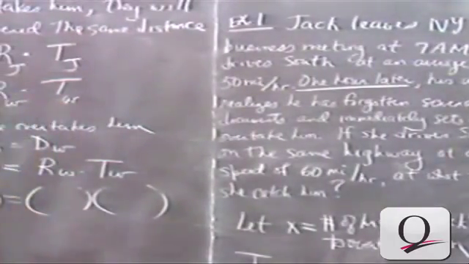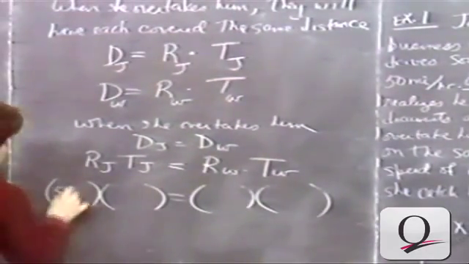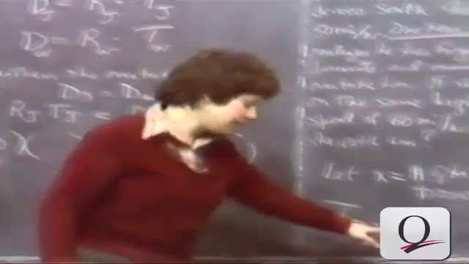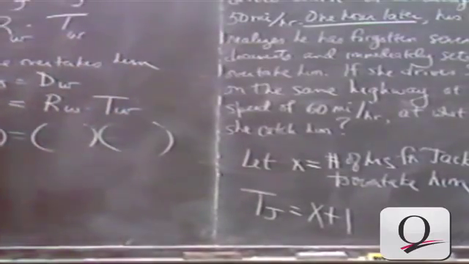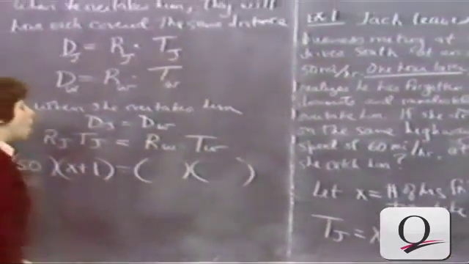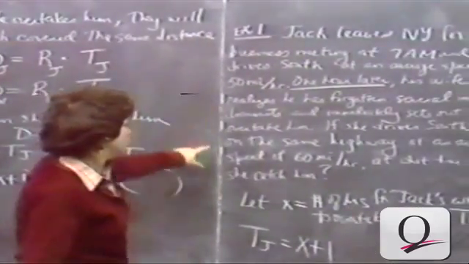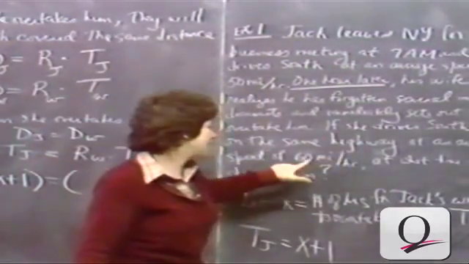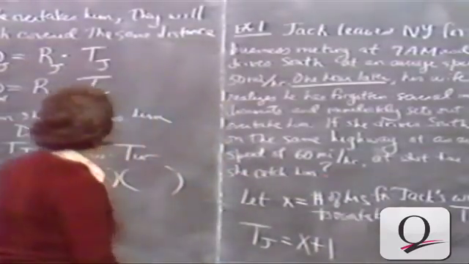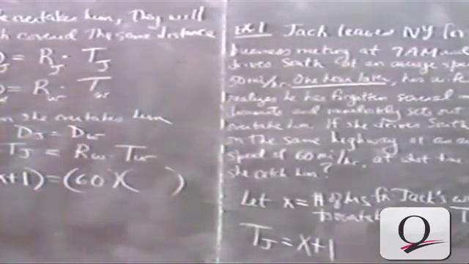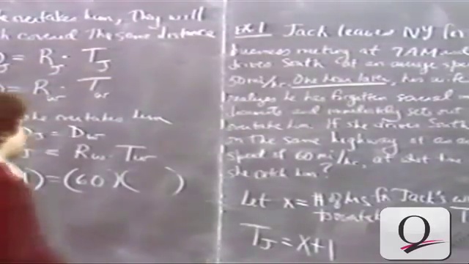So rj is 50 miles per hour. tj, the time that Jack is traveling, is x plus 1 hours. rw, the rate his wife is traveling at. His wife is driving south at 60 miles per hour. So rw is 60 miles per hour. And tw, the time his wife is traveling, is x hours.